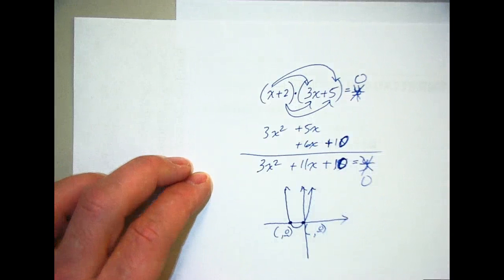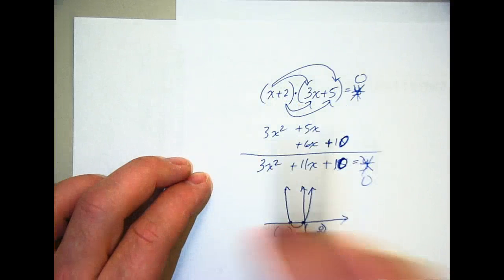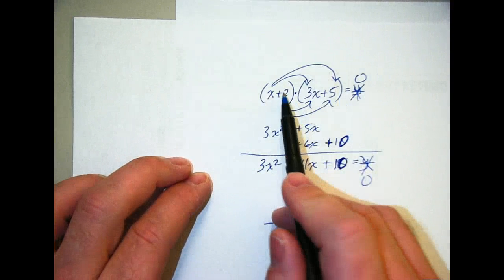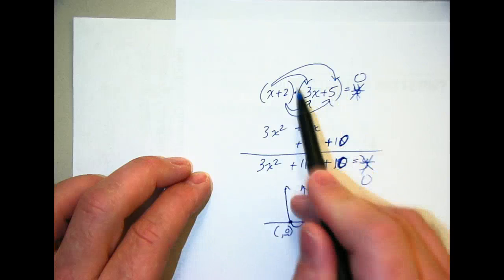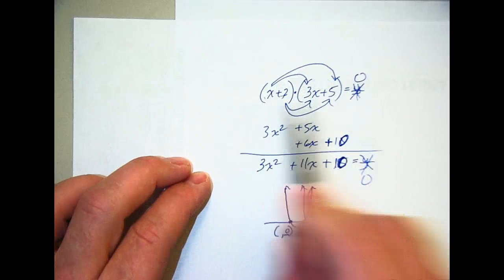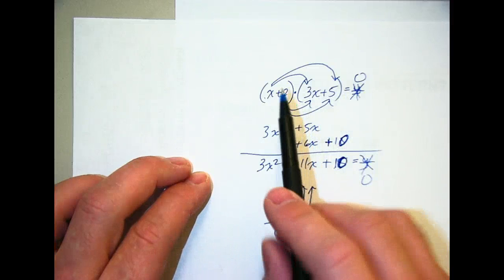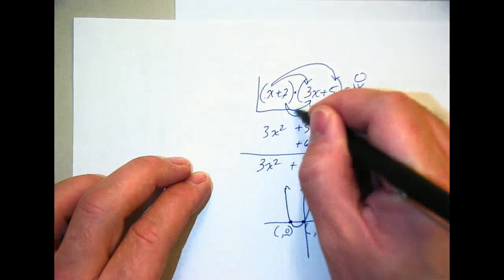Which one of these could I figure out two things? If I multiply this times this to make 0, what do one of those two things have to be? Tell your neighbor how you can make 0 during multiplication.